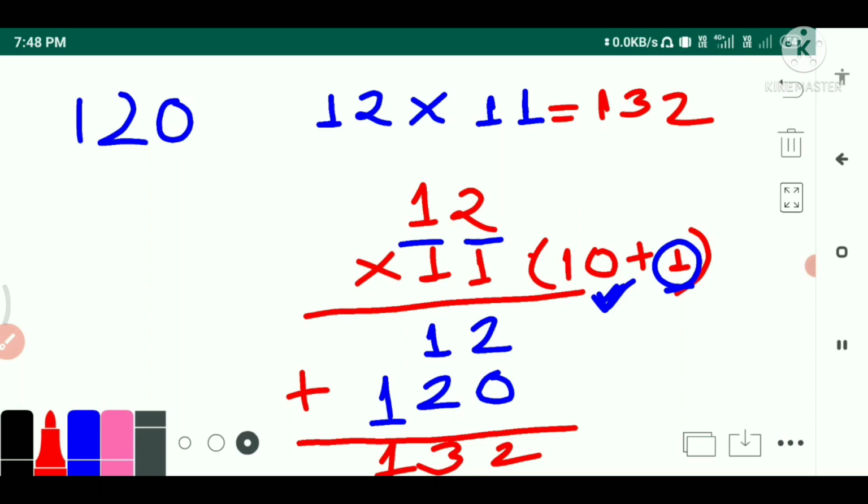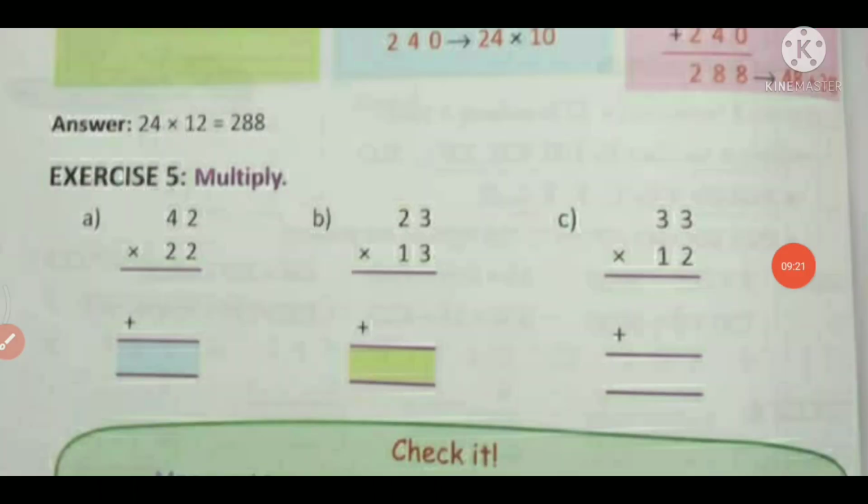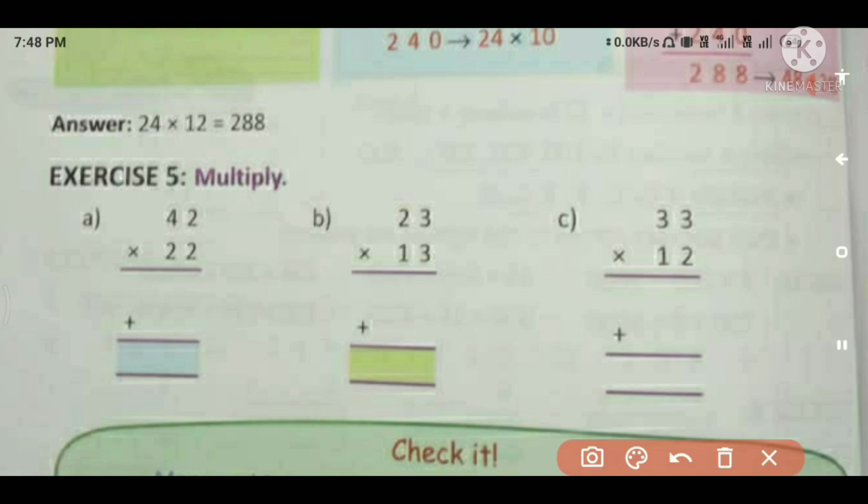Okay, so I hope you have understood. So let's do some questions that are given in your book. Okay, now see exercise 5 that is given in your book. So here you can see 2-digit numbers are there. 42 multiplied with 22.